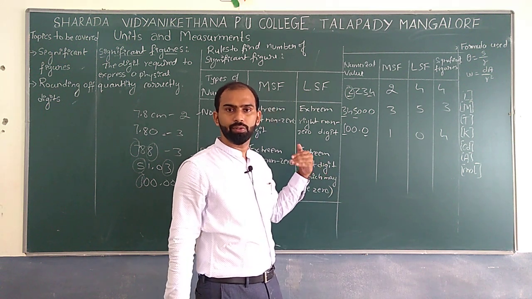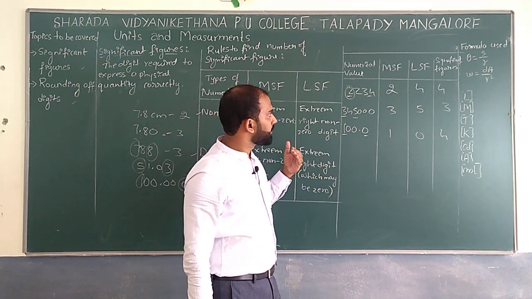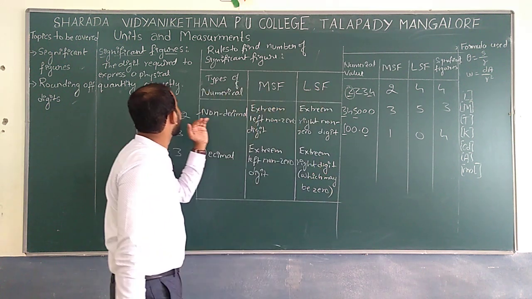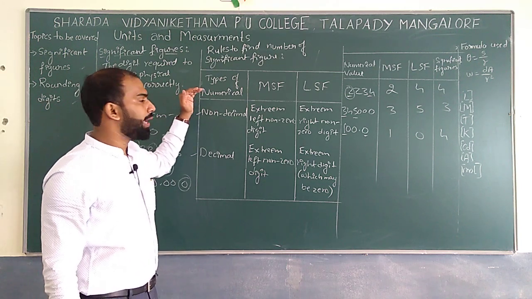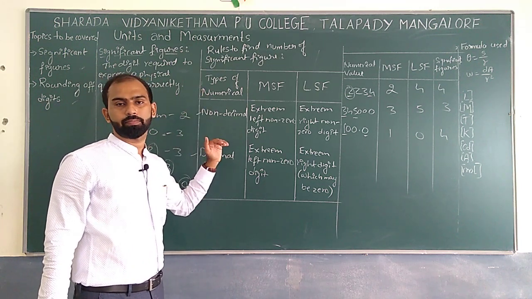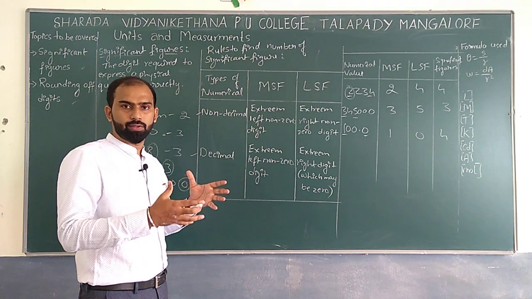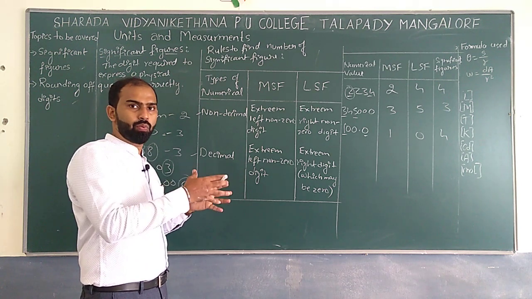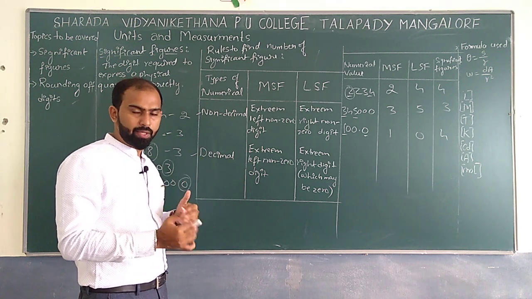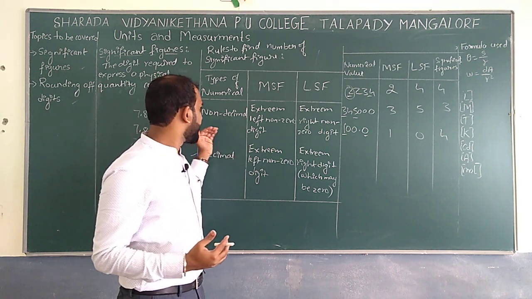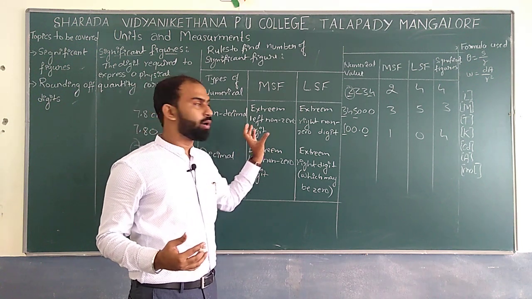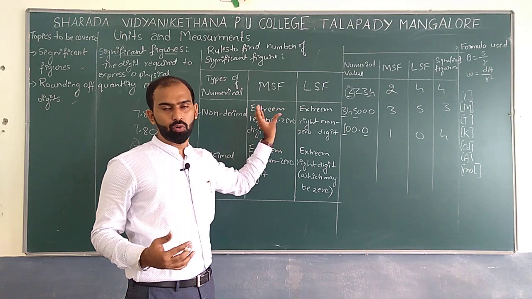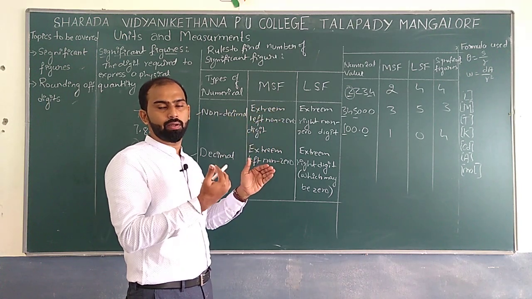So this is how exactly we are supposed to conclude while writing the significant figures, because we have to follow some rules. If they give in any examination, you have to check whether the given value is decimal or non-decimal. If it is a decimal or a non-decimal, directly you have to check what is the MSF. How to check MSF? Extreme left non-zero.